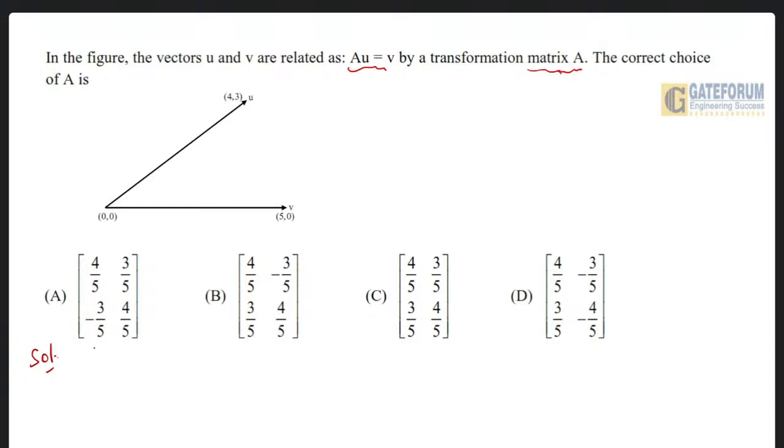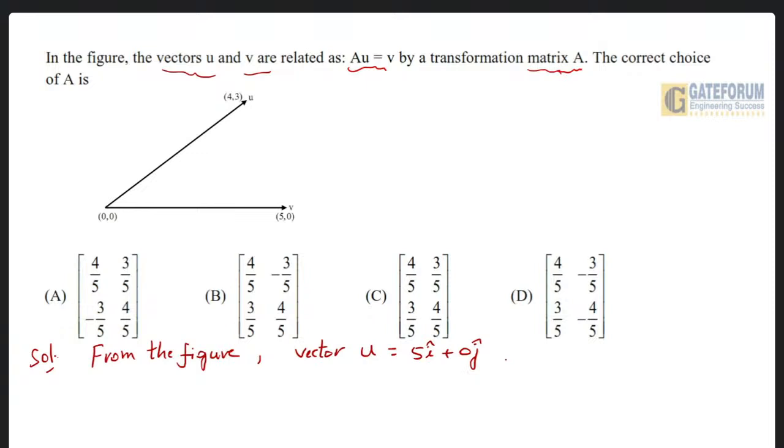From the figure, vectors u and v are related. Vector v is nothing but 5 times i cap, 0 times j cap, where i, j are respectively the unit vectors along the horizontal and vertical axes. Here the v vector already lies on the horizontal axis.